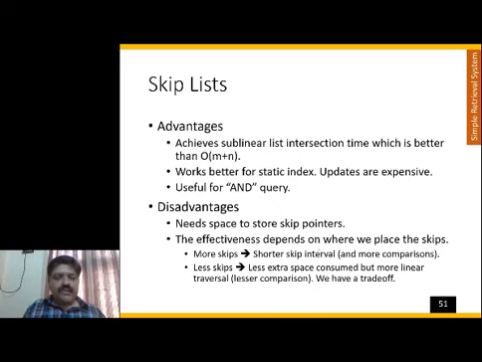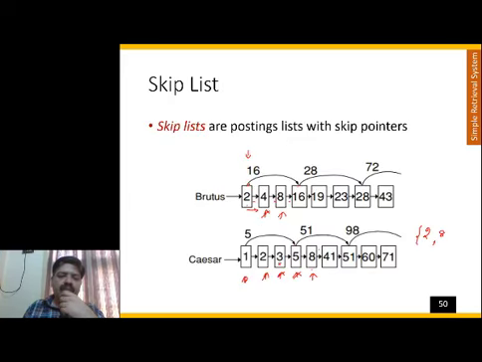This is useful for an AND query. Can you think of a case of an OR query? What happens if I have Brutus or Caesar? Would this be useful? What would you do in that case? Well, if I have to resolve Brutus or Caesar, I would simply take all the items in Brutus and union it with all the items in Caesar.